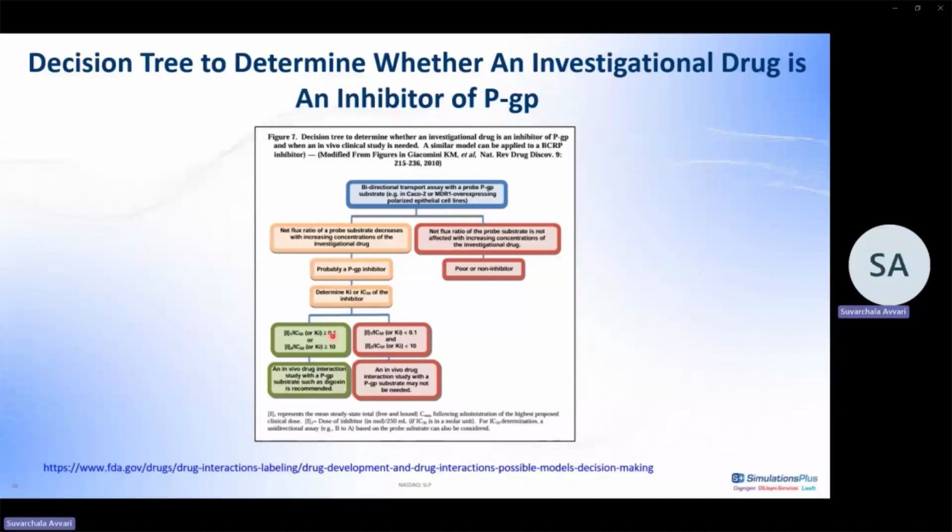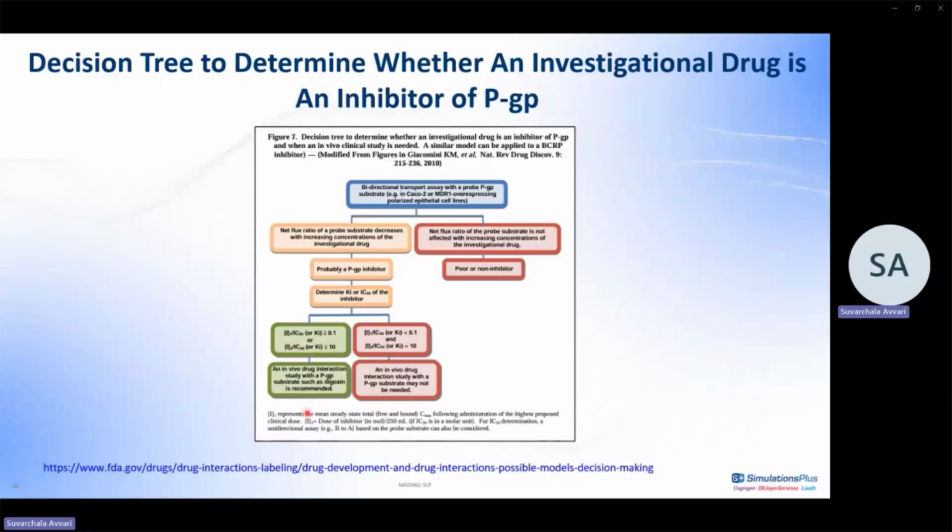The investigational drug is considered to have the potential to inhibit P-gp or BCRP in vivo if I1 over IC50 or Ki is greater than or equal to 0.1 when the drug is administered through the parenteral route, or I2 over IC50 or Ki is greater than or equal to 10 when the drug is administered through the oral route.